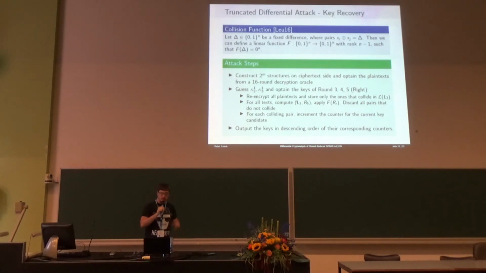We use that so that we don't have to look at all the different pairs. We actually just have to look at the output of the function and check when it collides.